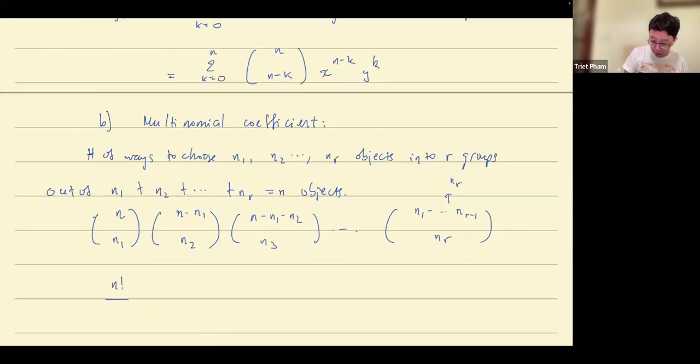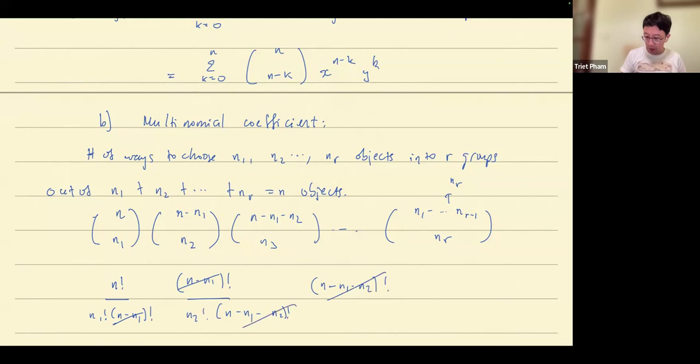It's n factorial over n1 factorial, n minus n1 factorial. And then you have n minus n1 factorial over n2 factorial, n minus n1 minus n2 factorial. The key is that you see this and that simplifies. And then, of course, you look at the next expression, you have the simplification going on right here, so on and so forth.